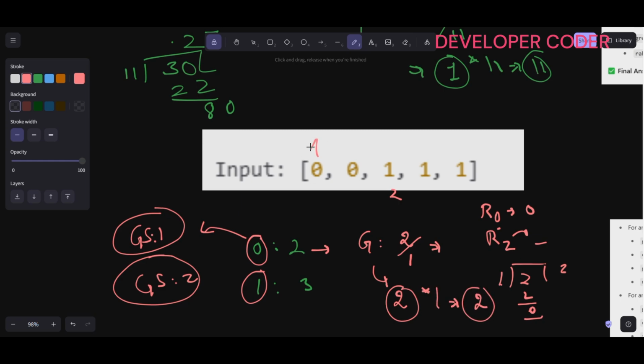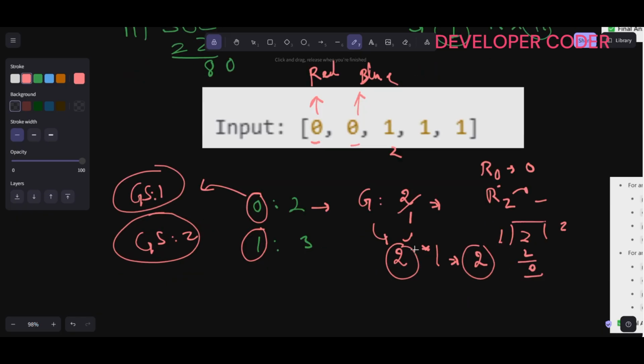So here, let's say this is red color and this is a blue color. So two groups will be there, right? That's why we are getting 2. And now here 2 rabbits in total. This is done. So here we are getting 2 groups, because one group size is having just 1.